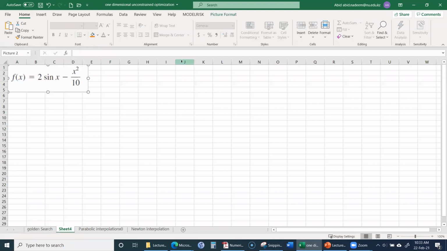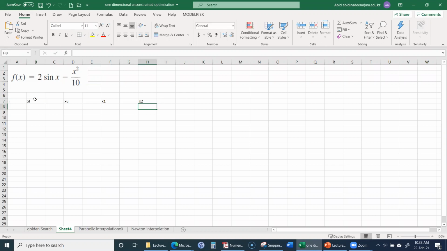Can you see this Microsoft Excel on the screen? Yes. Okay. So we will start from the column I, which is for the iteration, and then we will start from XL, and then XU, then X1, and then X2.